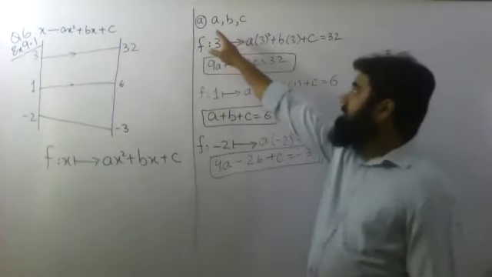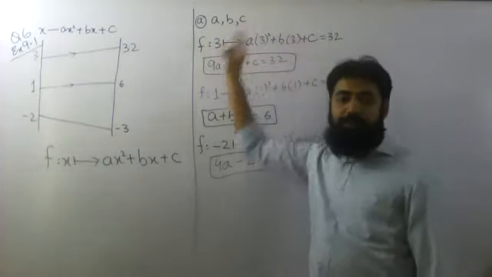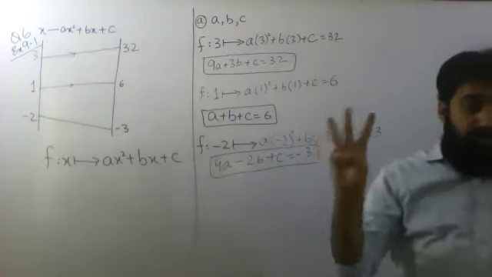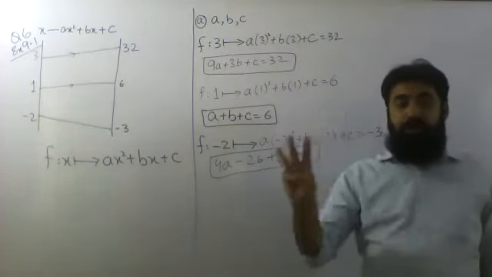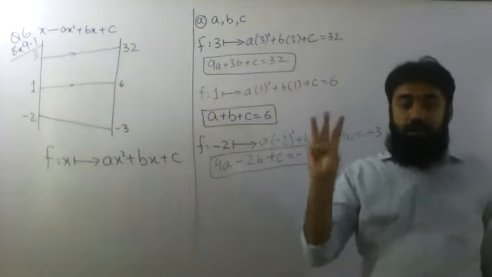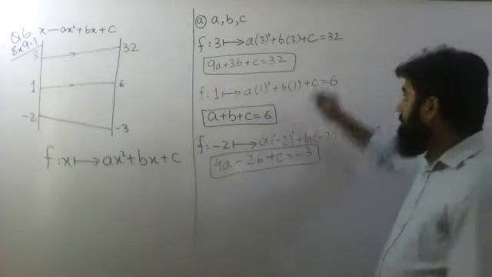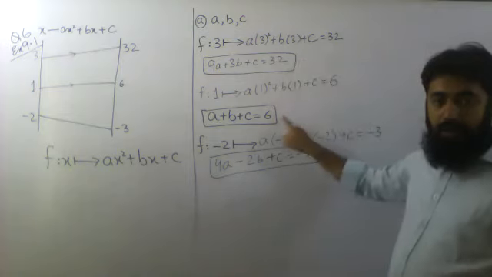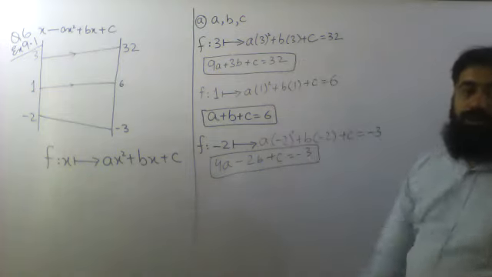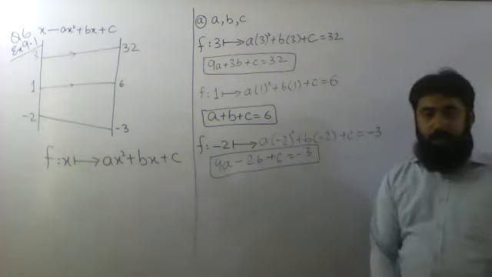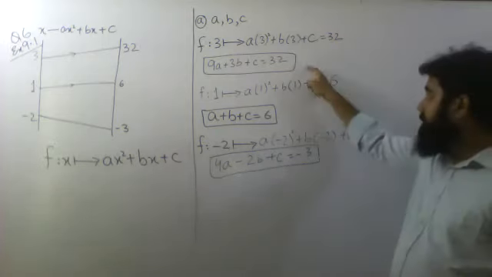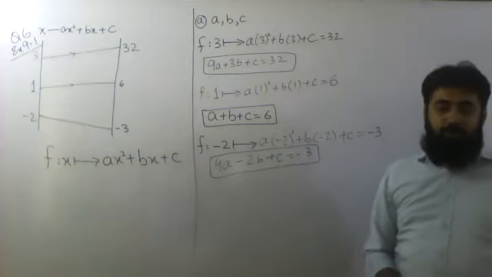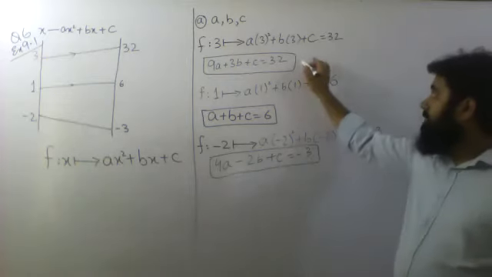They have asked for the value of A, B, C, meaning three unknowns. Three unknowns means I should have three equations: equation number 1, equation number 2, equation number 3. I have got those three equations.